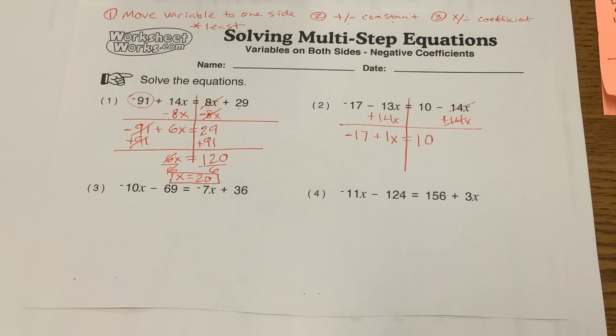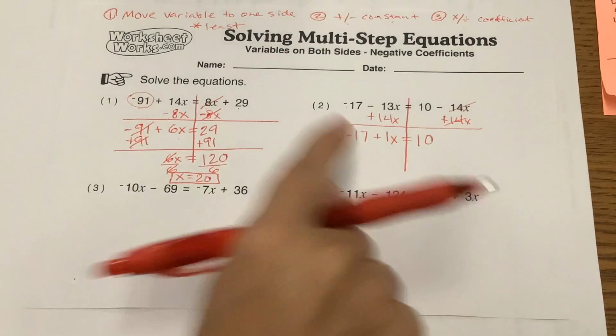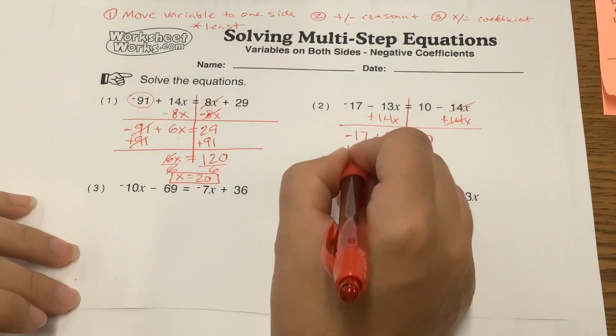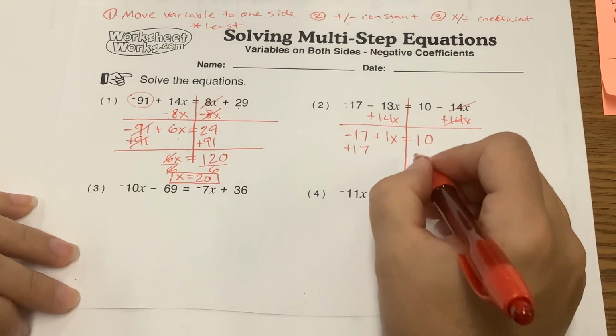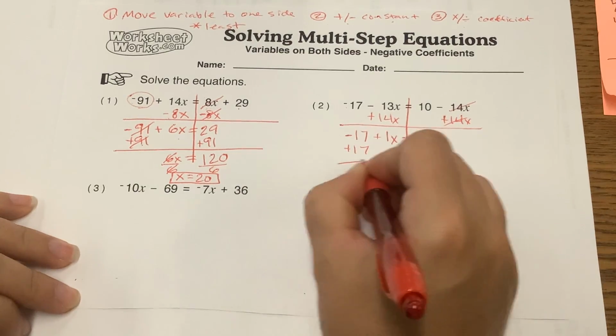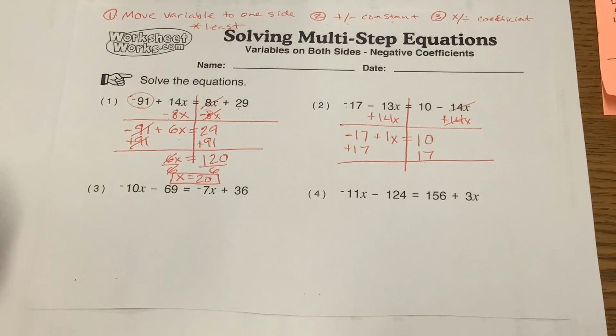So now from here, we need to do step number 2, move our constant. So what are we moving? 17. What's the inverse of negative 17? Okay, so we do that on the left side of the equal sign and on the right side. And I know that it goes with 10 because 10 is a constant, but also it's the only thing left.